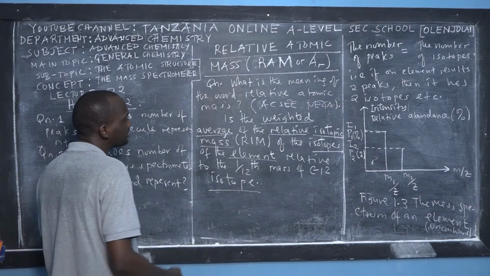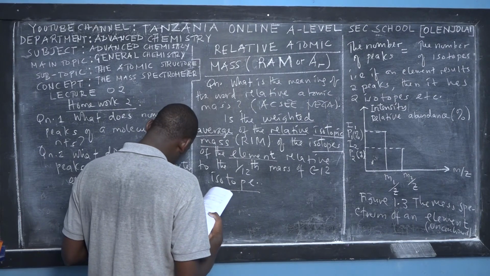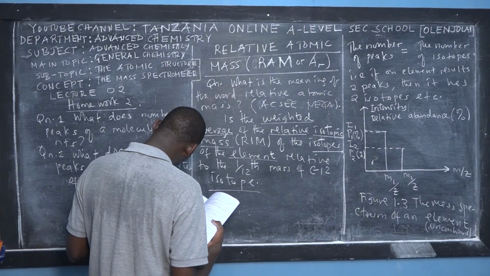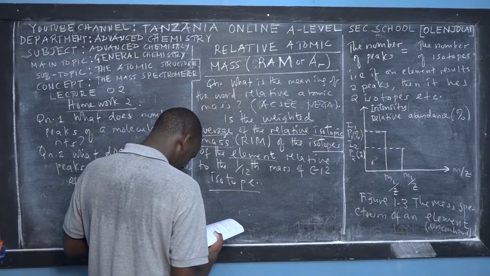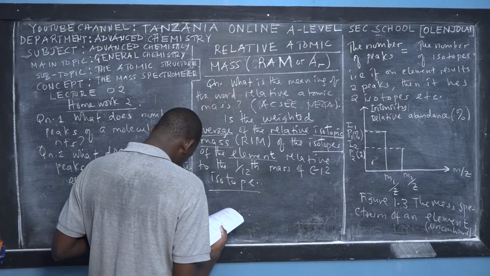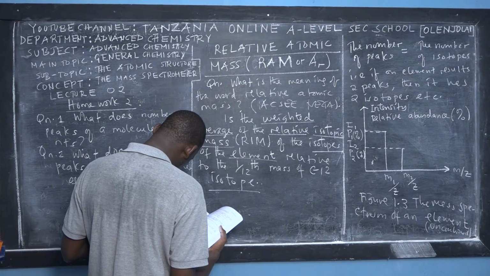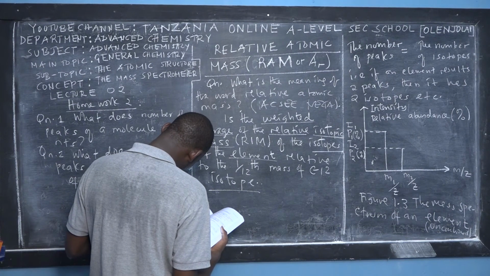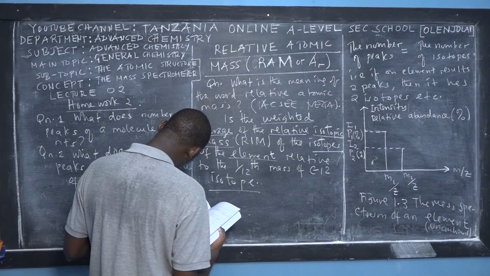The abbreviation is RAM, and then for the unit we have two types, the atomic mass unit, and in some cases some other units, such as gram per mole, but the SI unit has some other units.